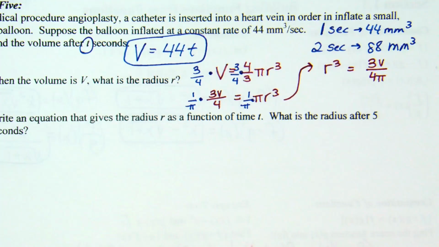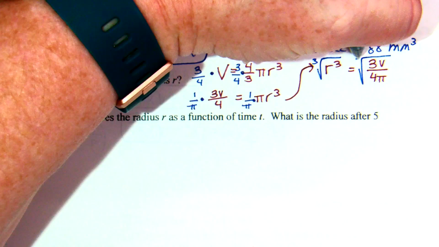I have r cubed equals 3V/4 pi. How do we get the cube off of r?